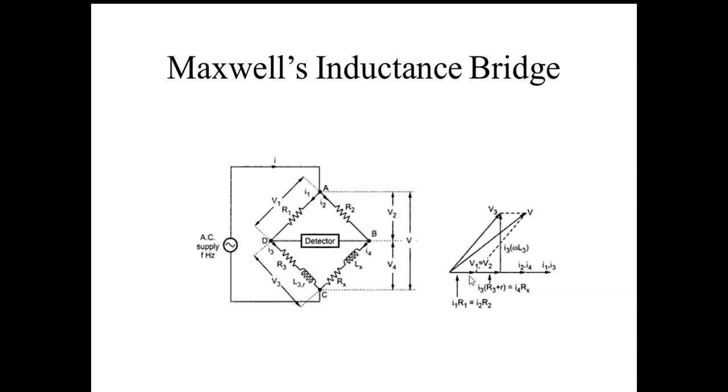Now when you are taking the L component, that is I3 into omega L, this is going to give your V3, the phasor sum of both the components. This component and this component are going to give V3, right? I2, I4, all these currents are in this direction. So the equivalent of this would give you V, which is your summation.